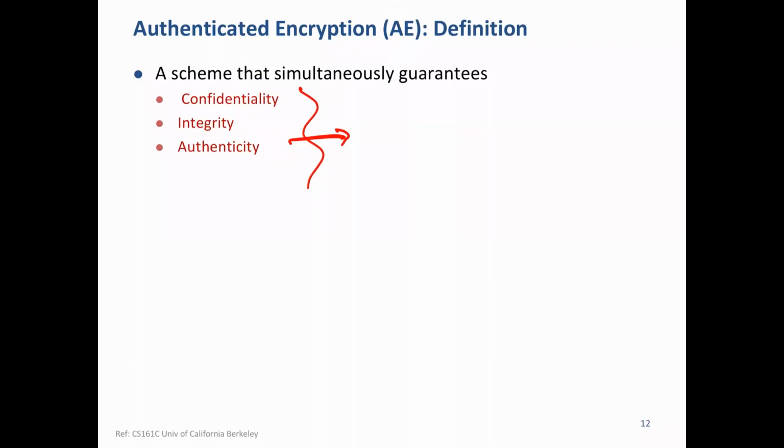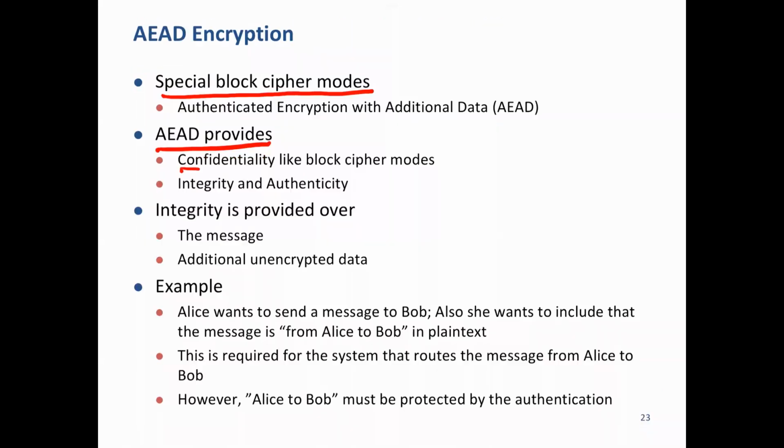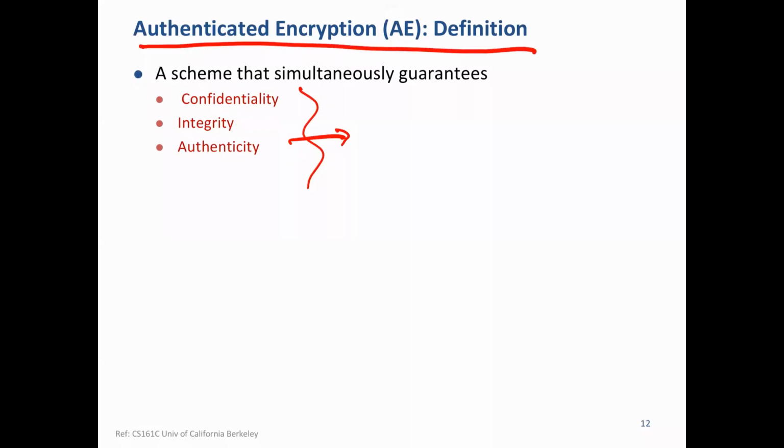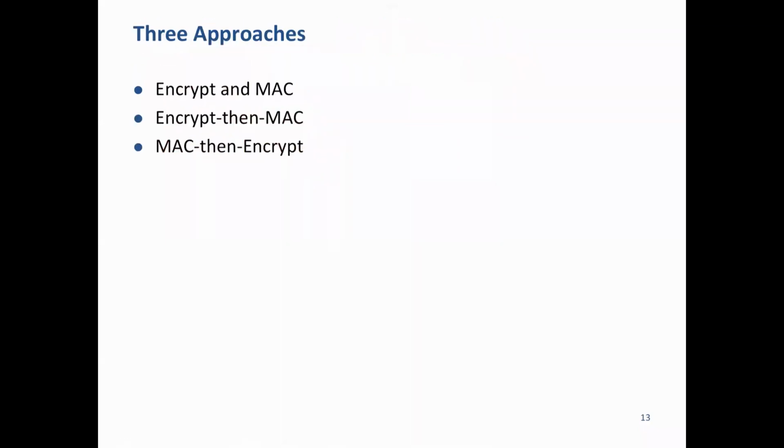There are some cases where this may fail, but in general we can say an authenticated encryption scheme provides these three, based on some threat model, but we assume that the threat model is not very difficult.